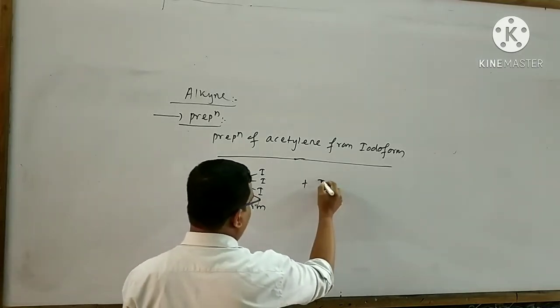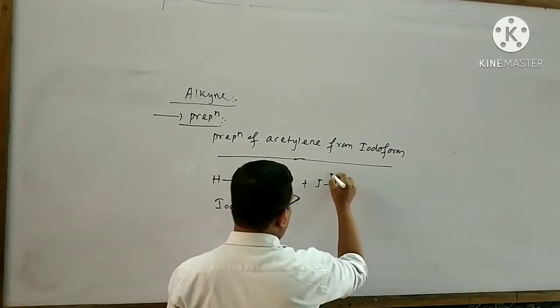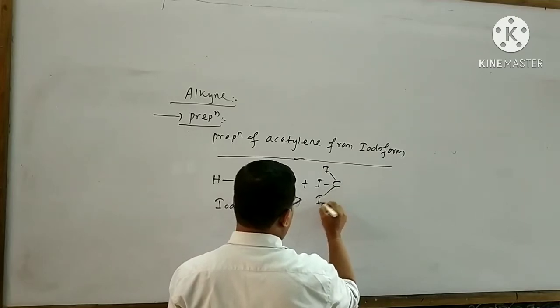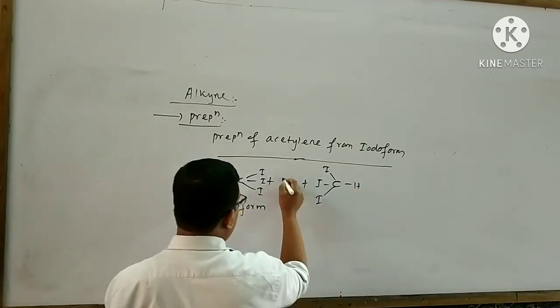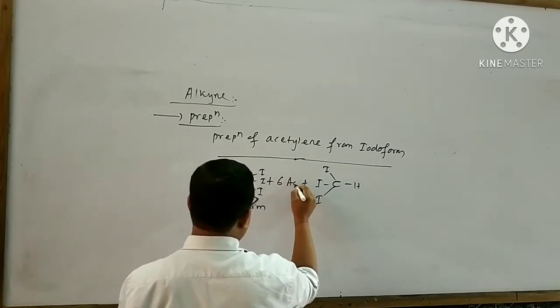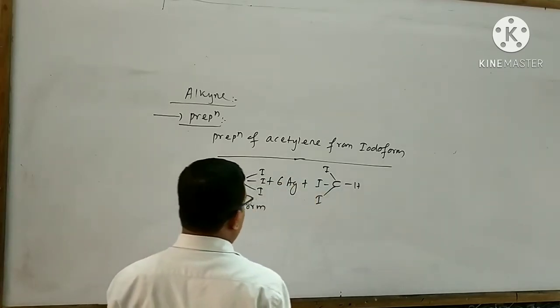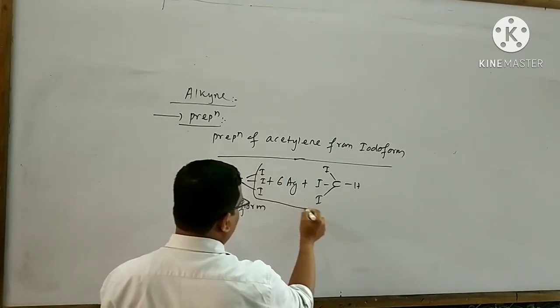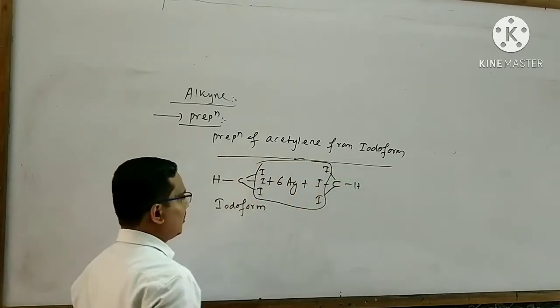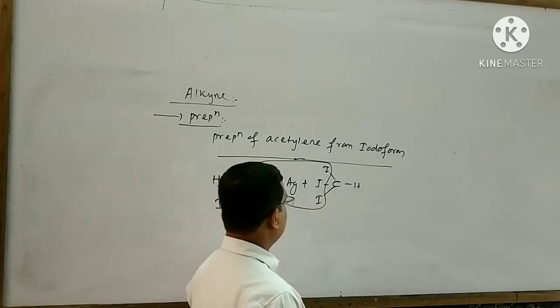Now take 2 molecules of iodoform like this, and subject it to reaction with 6 atoms of silver. Look at that. Here I can remove 6 molecules of silver iodide like this.